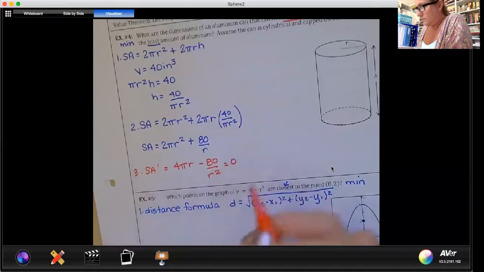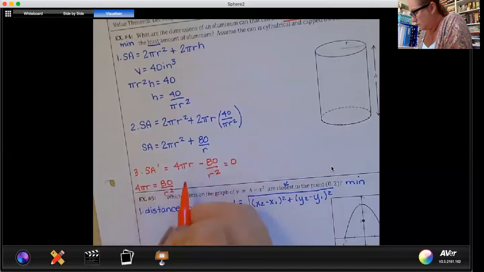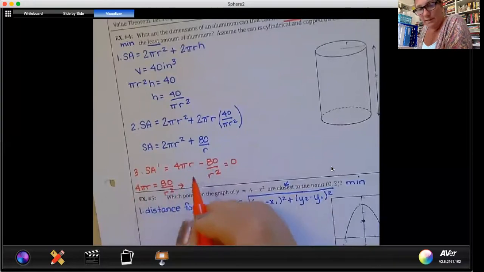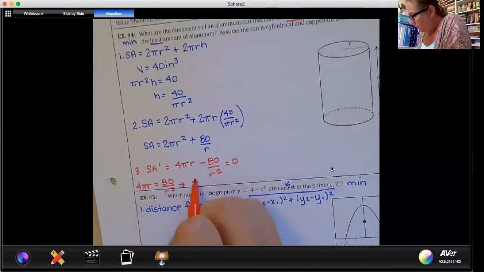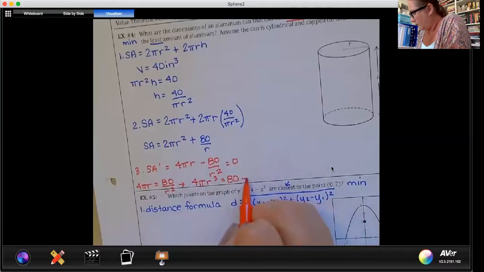So we have 4 pi r equal to 80 over r squared. That's 4 pi r cubed equals 80. R cubed equals 80 over 4 pi.